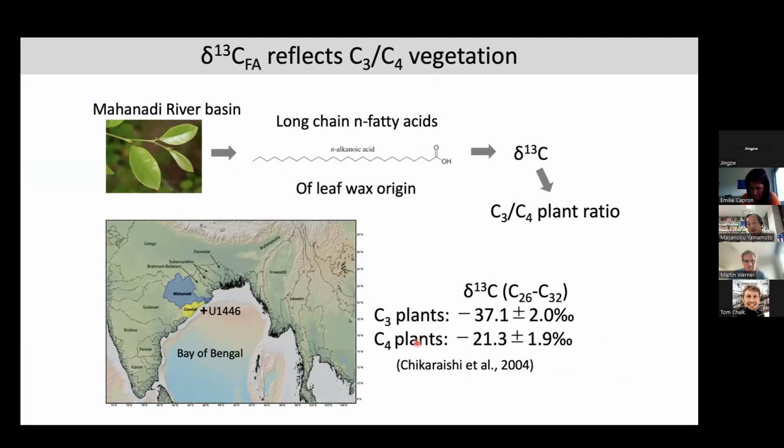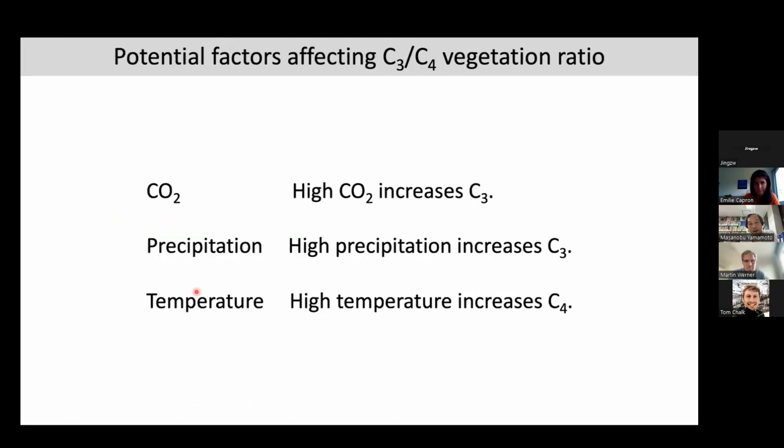And also we can evaluate the relative abundance of the C3 and C4 vegetation. The sediments were delivered from the Mahanadi river and small coastal rivers in East India. So the isotopic composition should reflect the C3, C4 vegetation in these small river basins.